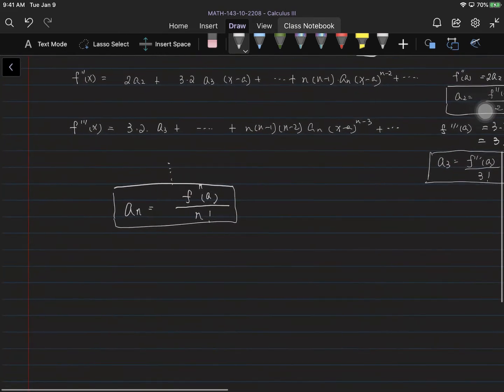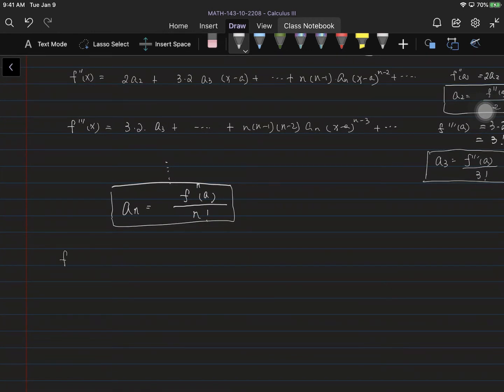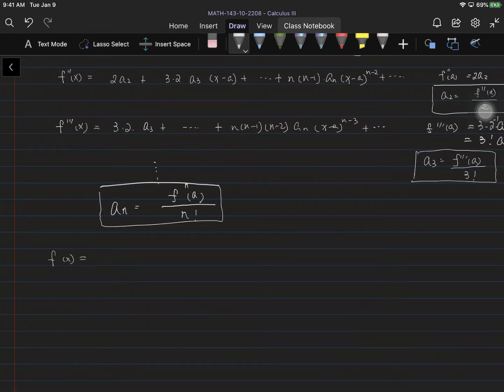If we want to write down our function: a0 is f(a). a1 is the first derivative at a, times (x minus a). a2 is the second derivative at a over 2 factorial.